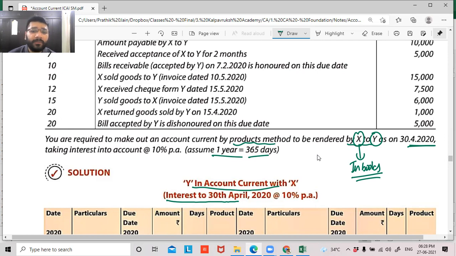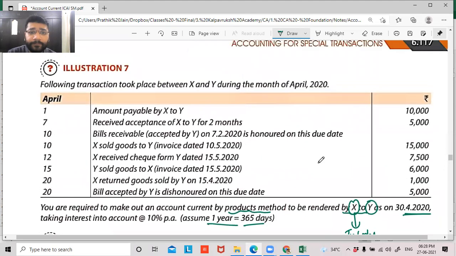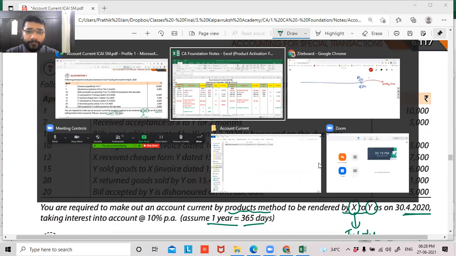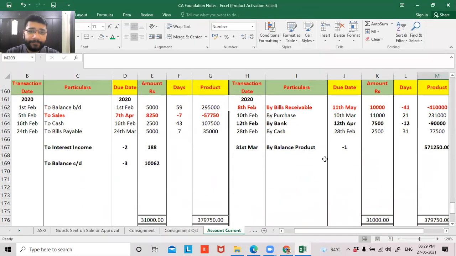Quickly, guys, finish off the format and then we'll proceed towards the transactions. Guys, can we go forward?